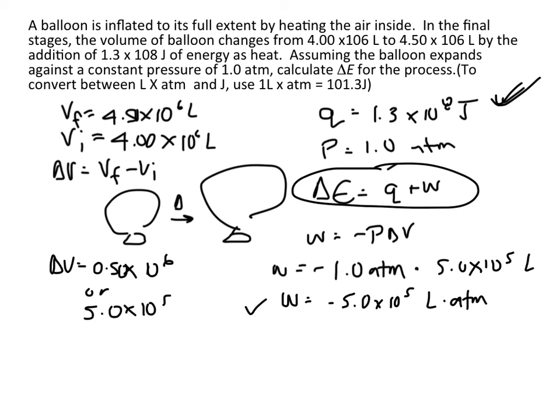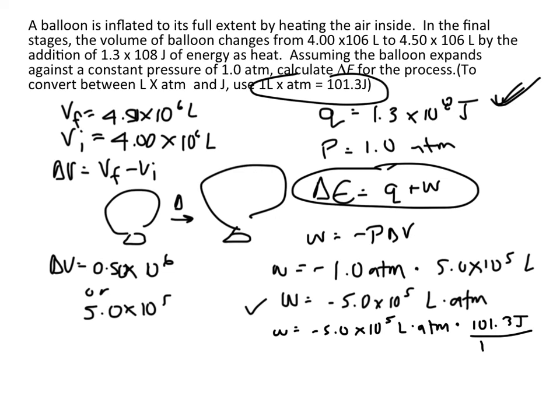So as I said earlier, there is a conversion factor that allows us to convert between joules and liters times atm. So work is going to be equal to the following times 101.3 joules for every 1 liter times atm.